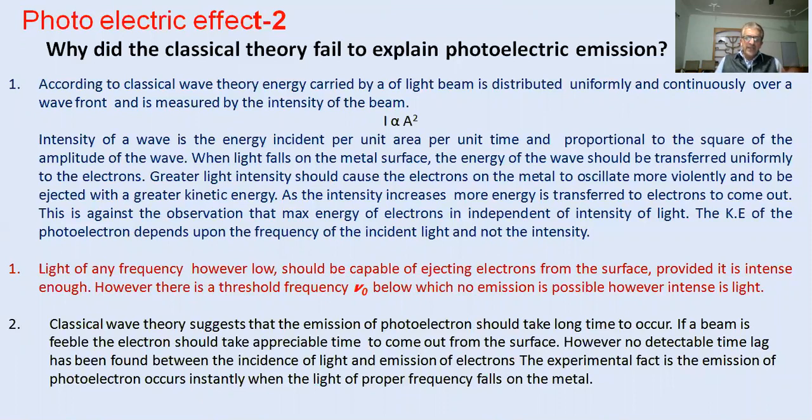But there were debates going on between the scientists about whether light is a particle or a wave, in spite of the fact that classical theory had experimental proof of diffraction, interference, polarization, etc. When Maxwell published his theory of electromagnetic waves, it was completely established that light is a wave because Maxwell's theory was proven correct.